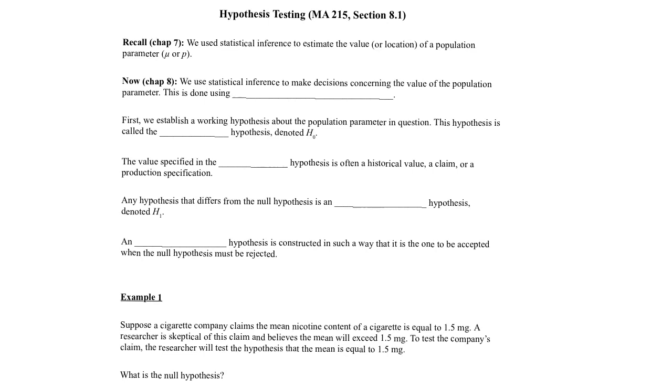To get started, recall from chapter 7: we use statistical inference to estimate the value or location of a population parameter, and we use mu or p. Now in chapter 8, we're going to use statistical inference again, but this time to make decisions concerning the value of the population parameter.